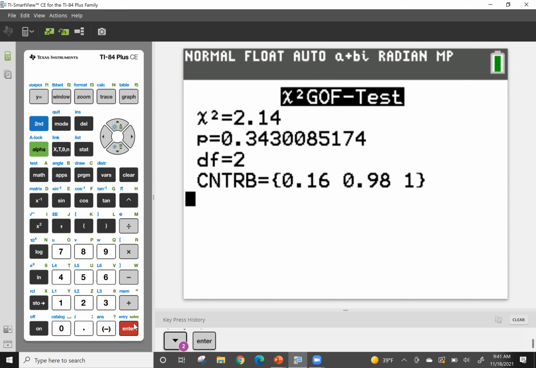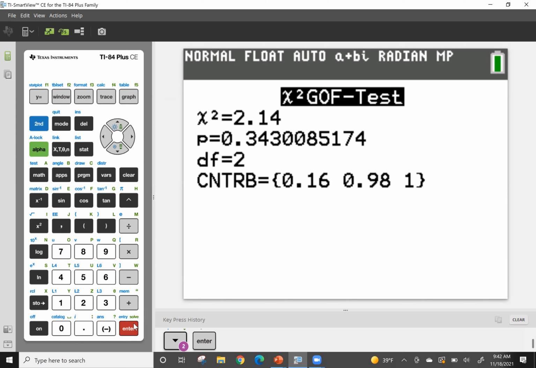Okay, so looking at this, my p-value is 0.3, which is considerably larger than my preset alpha. So I can't reject the null hypothesis saying that these coins are fair.